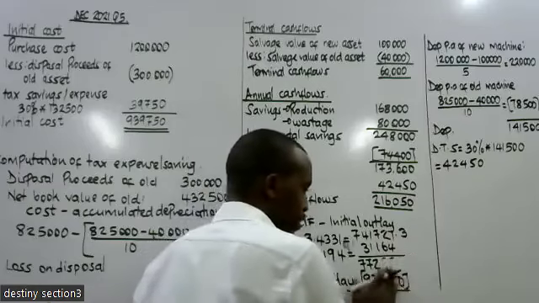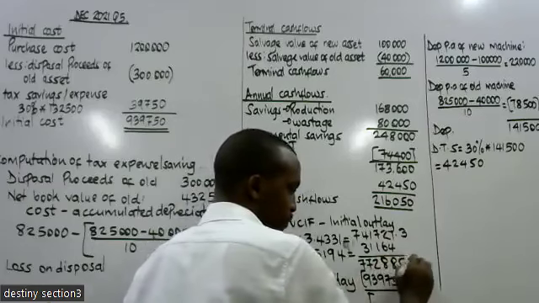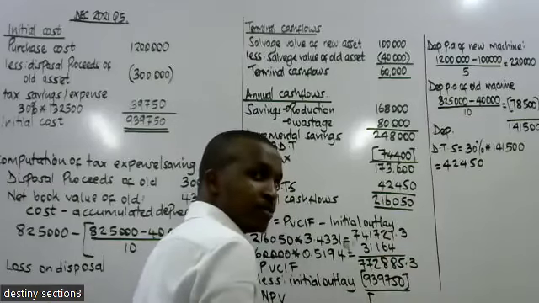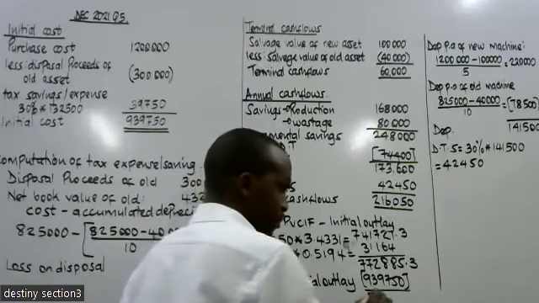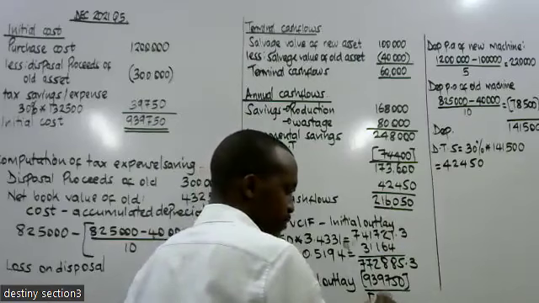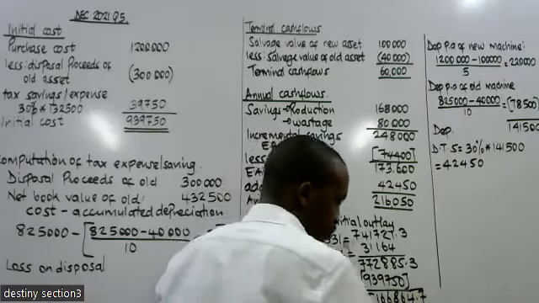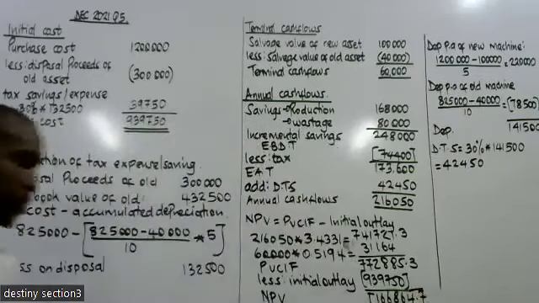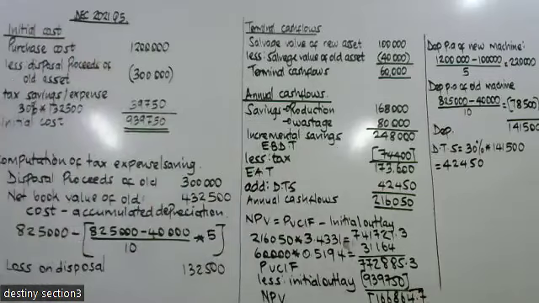885.3. Negative 166.7. Remember, you know the rules of NPV, you only accept projects that generate positive cash flow.